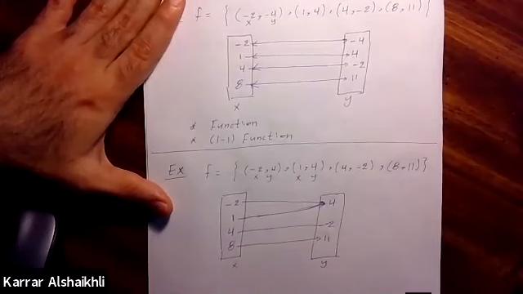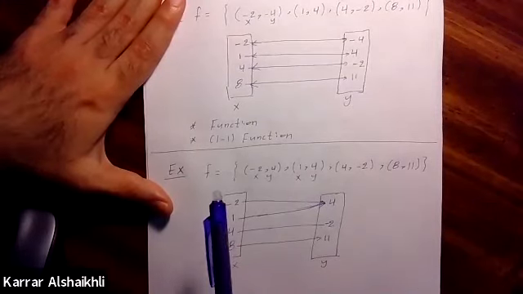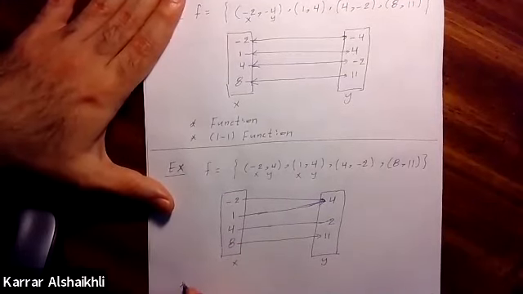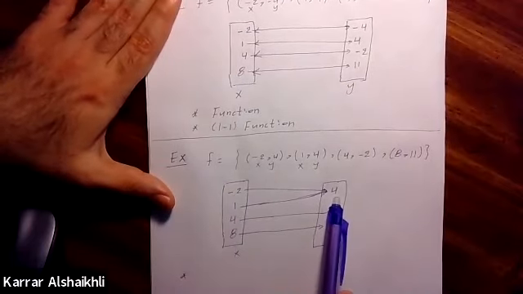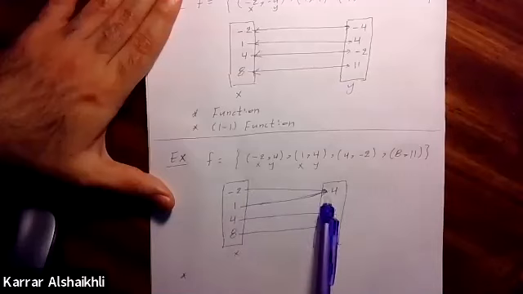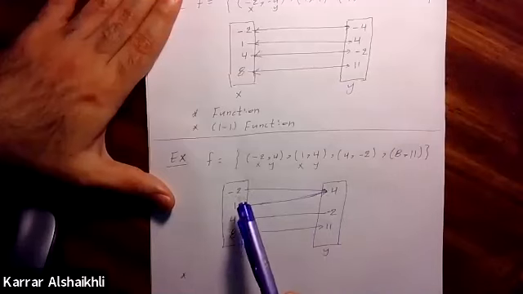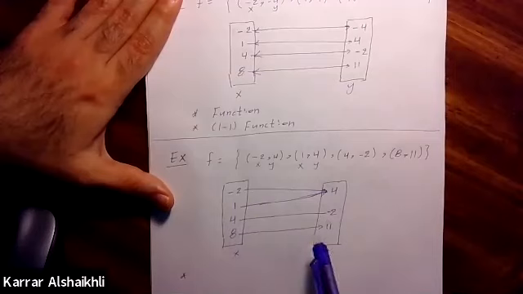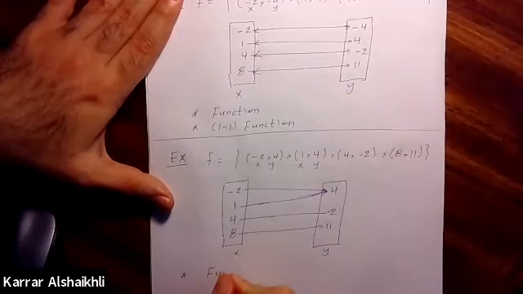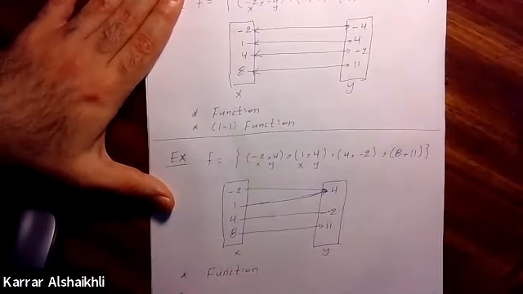So if you check the first condition, to satisfy that it's a function, we see each X goes to one Y. The -2 goes to the 4, 1 goes to the 4, which is fine. 4 goes to -2, 8 goes to 11. So the first condition is satisfied, so it's a function.